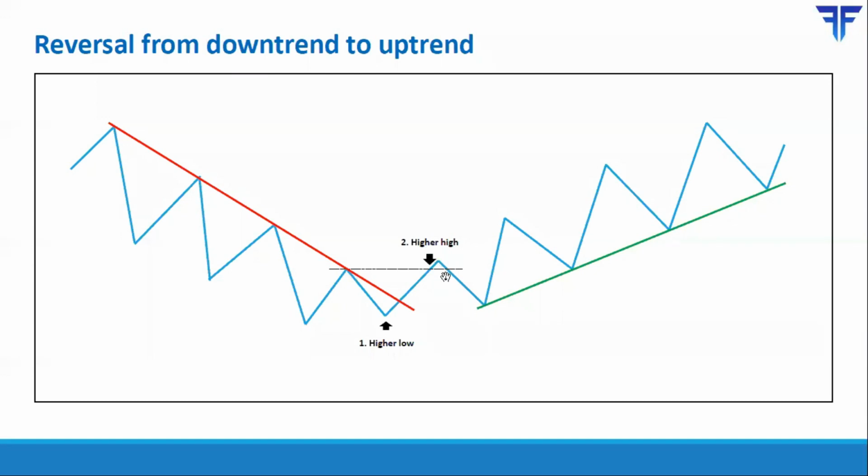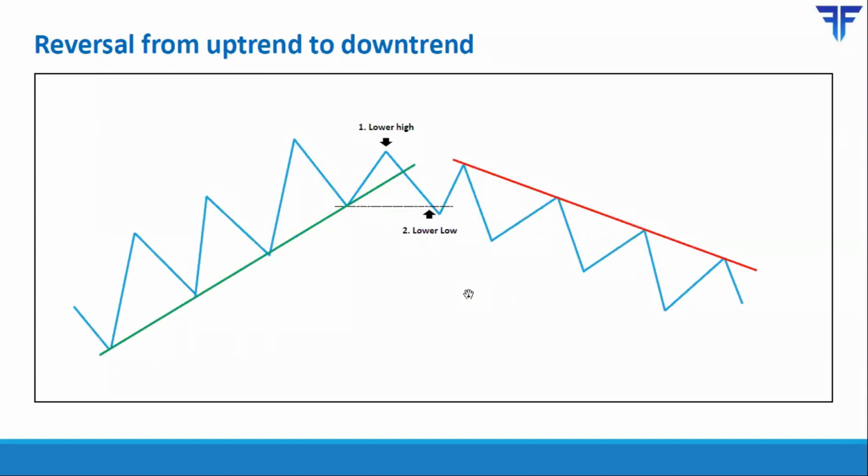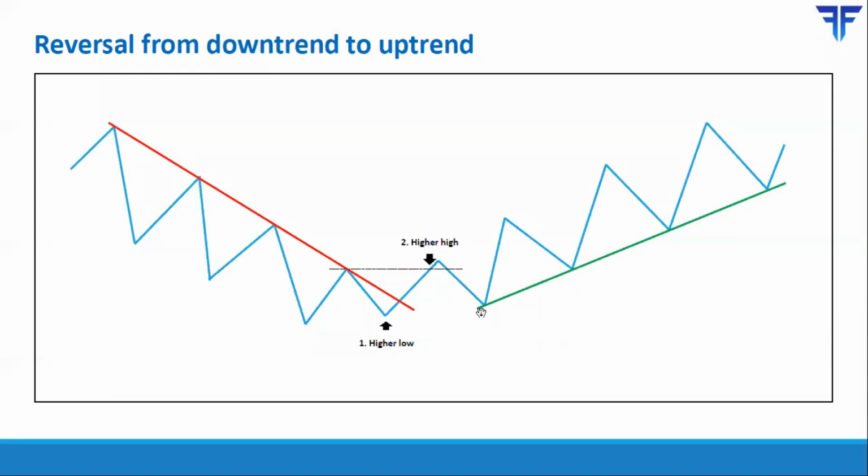From there, price corrected lower, did not break below the previous low, which was this point. So from this point, price reversed and then broke its previous high. So at this particular point in time, you have two higher highs and two higher lows. So that indicates that the trend has changed from down to up.